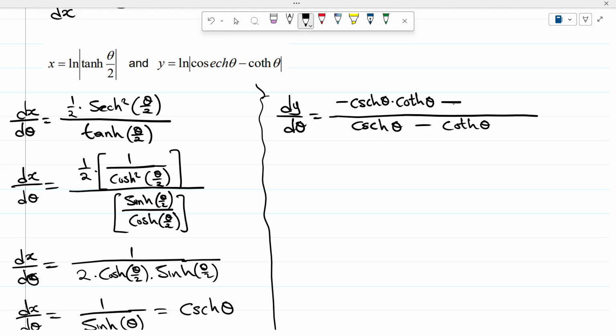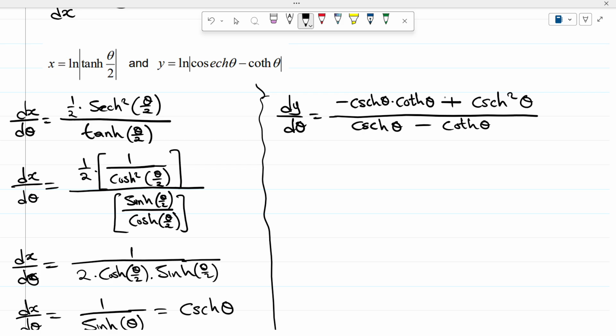Minus, so we then differentiate the hyperbolic cot of theta. When we differentiate the hyperbolic cot of theta, it becomes negative cosec squared. So that negative will multiply with that negative to form a positive. So this is going to be a positive hyperbolic cosec squared of theta.